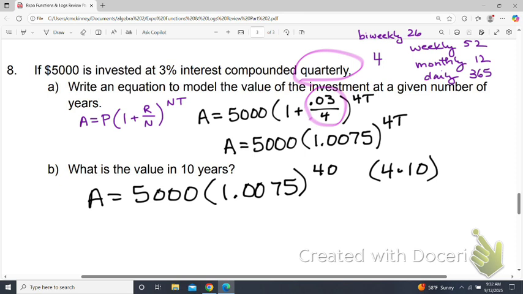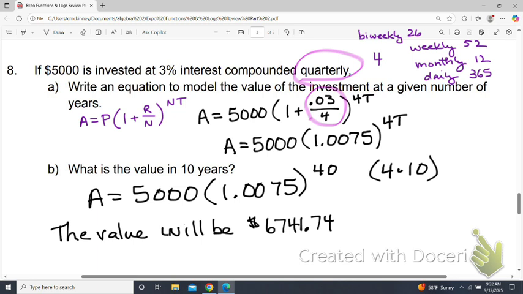And we want the whole value, and that's what we get. We get the final amount in the account. The value will be $6,741.74.